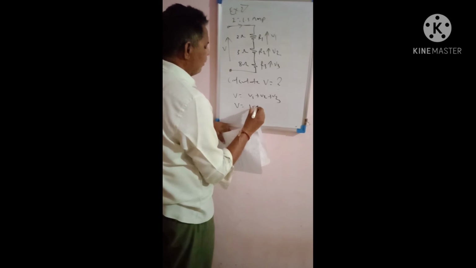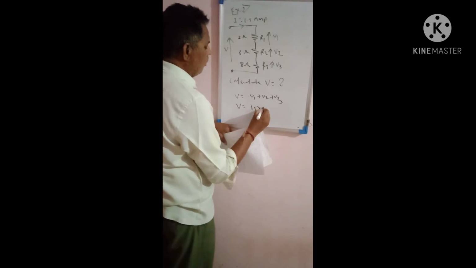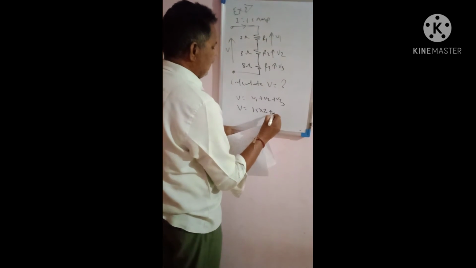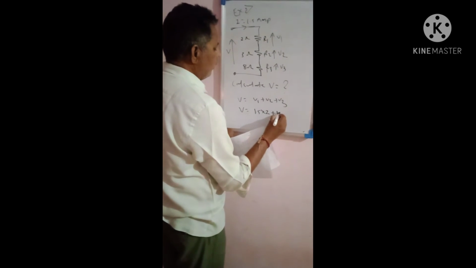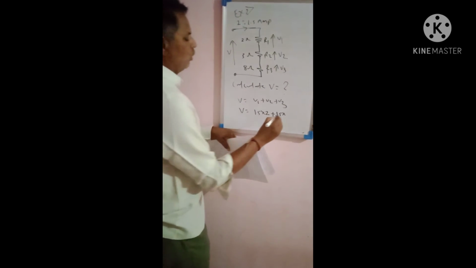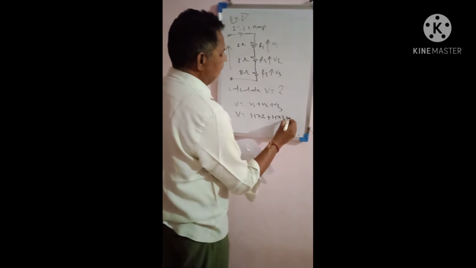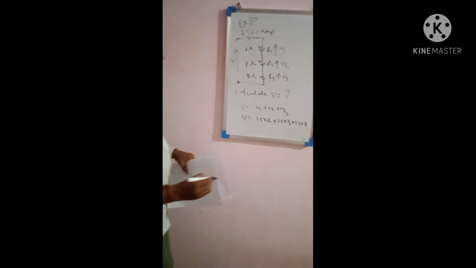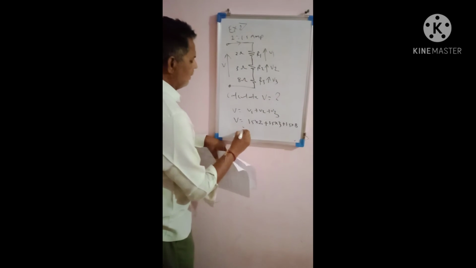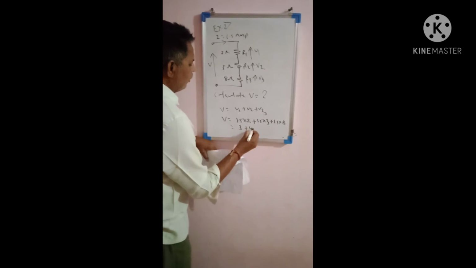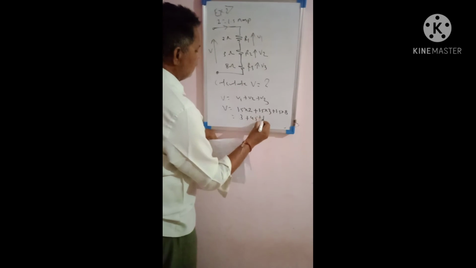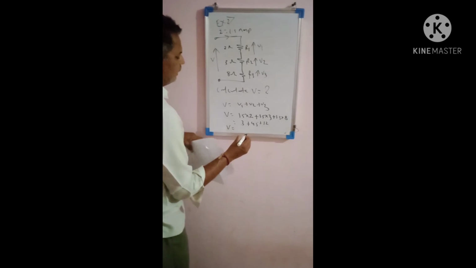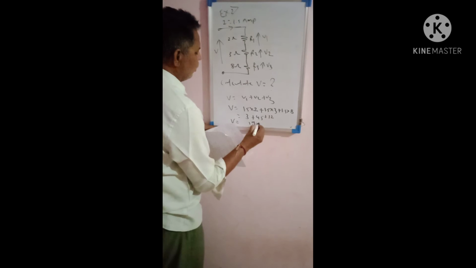Circuit current is 1.5 ampere, R1 is given 2 ohm, plus similarly V2 is I R2, 1.5 ampere into R2, which is 3 ohm, plus I R3, 1.5 into R3, which is 8 ohm. Now simplify this expression: we get 3 plus 4.5 plus 12. After simplification, the supply voltage is 19.5 volt.